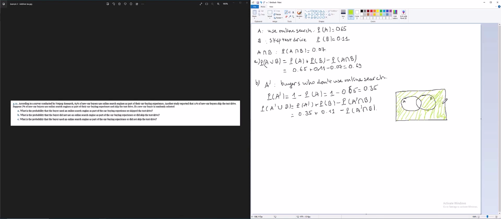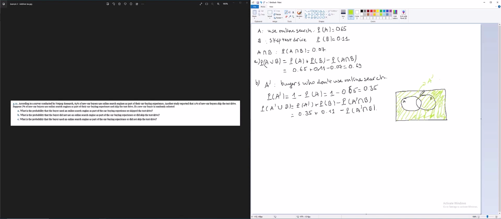Now to find the intersection between A prime and B, let's find where the green part and the circle B overlap. That's the definition of intersection.